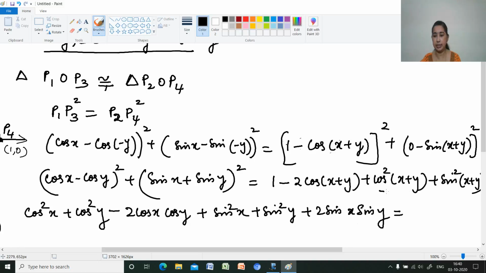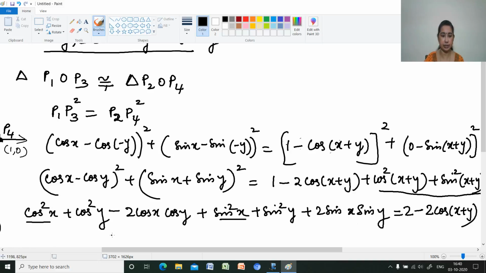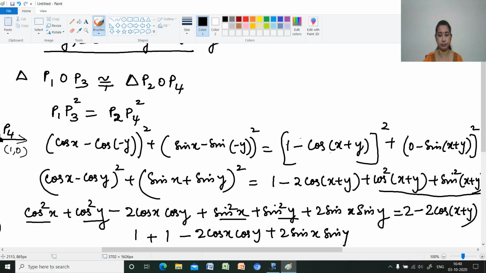On the other side, sin square of x plus y plus cos square of x plus y is 1, and here also 1, so 1 plus 1 is 2, minus 2 cos of x plus y. Now on the left side, cos square x plus sin square x is 1, cos square y plus sin square y is again 1, then remaining minus 2 cos x cos y plus 2 sin x sin y equals 2 minus 2 cos of x plus y.